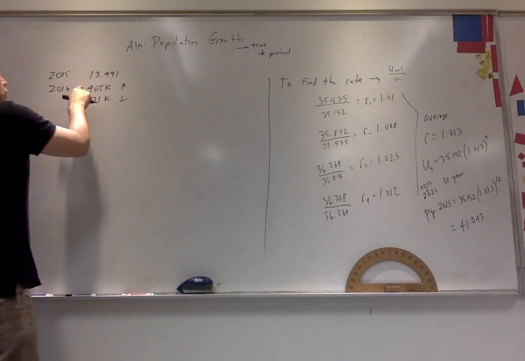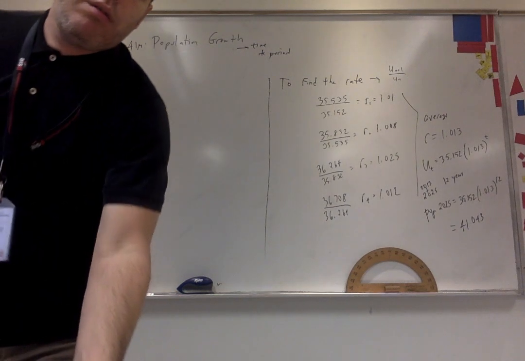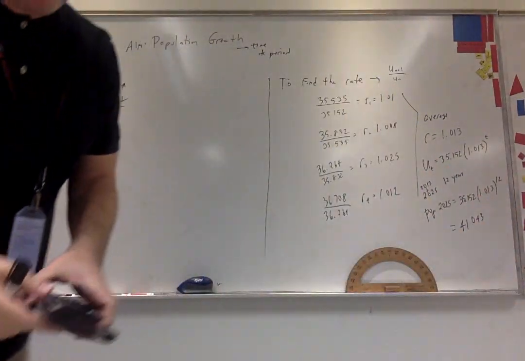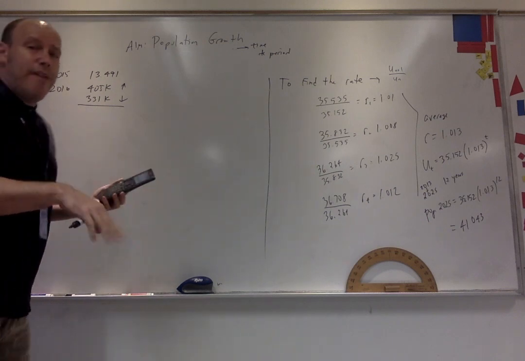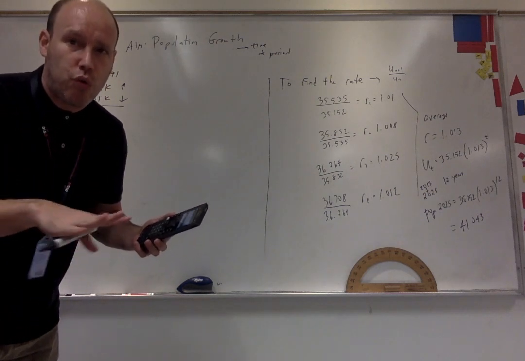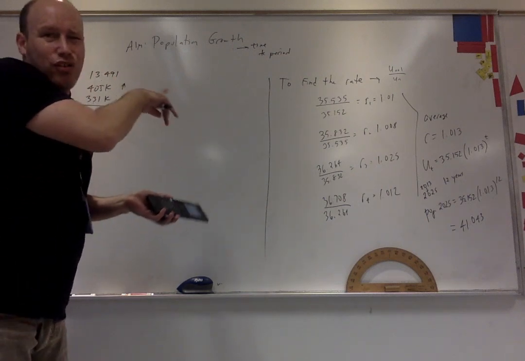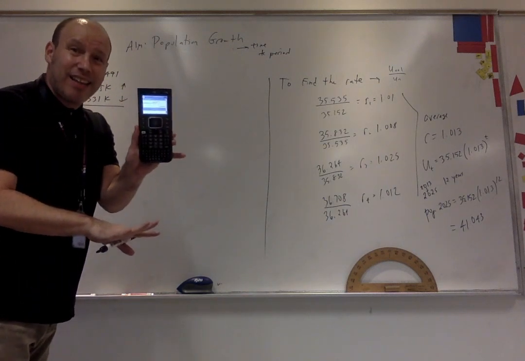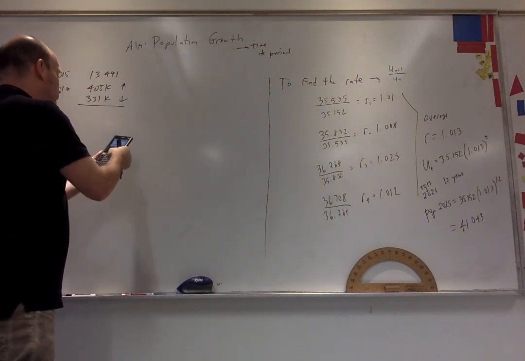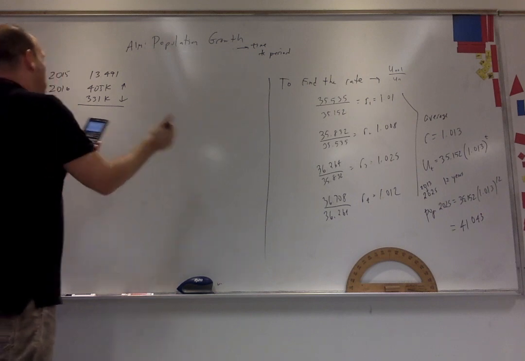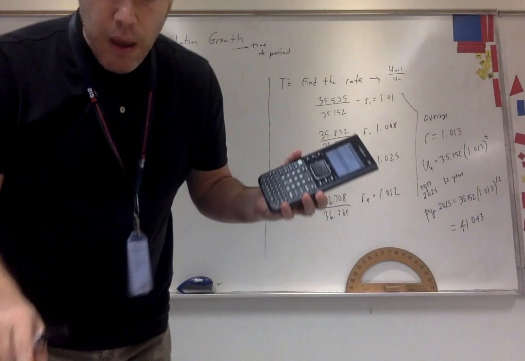Well, 405 minus 331. If you know it's a calculator problem, I would use the calculator. If it's a part 2 question, no one cares that you can do arithmetic. So I'm using the calculator. 405 minus 331 equals 74,000. So there's an increase of 74,000.